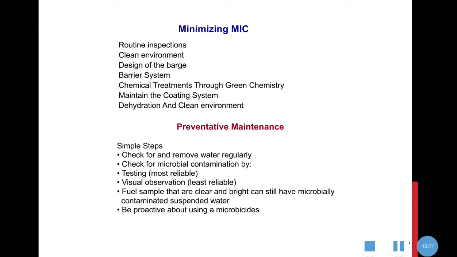So it is the same in microbial induced corrosion: design meaning the proper design. Okay, the barrier system is the coating. Okay, chemical treatment through green chemistry uses biocide. Okay, maintain the coating system, same for coating, dehydration and clean environment.